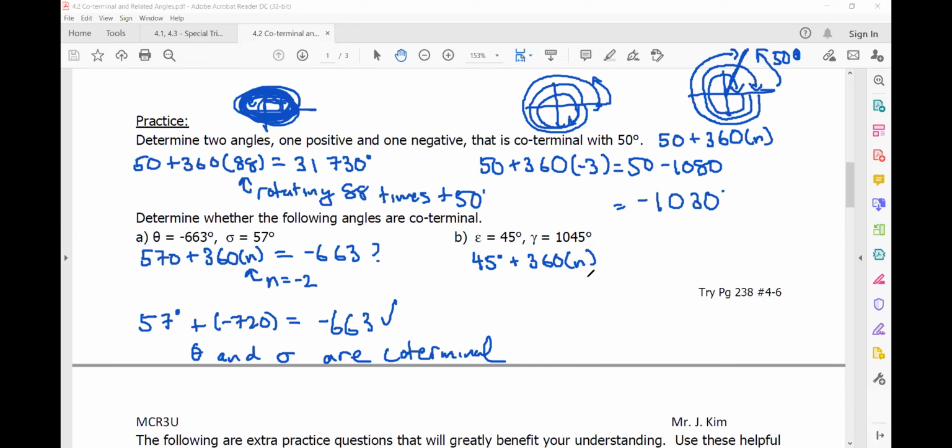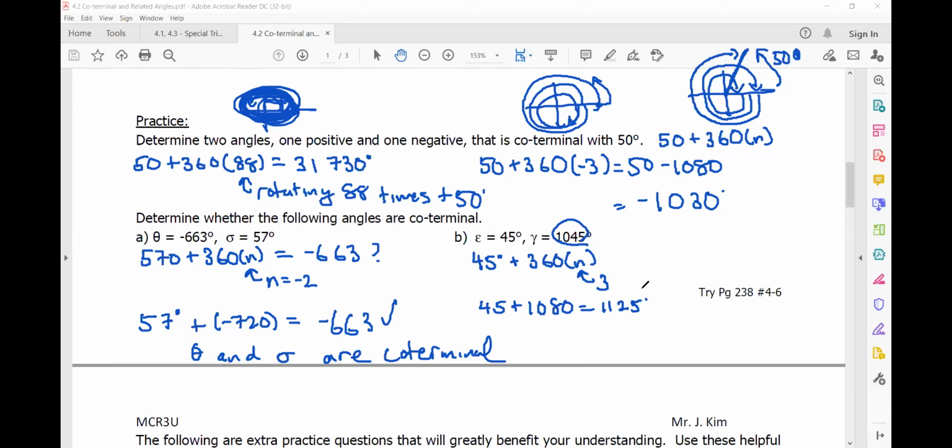Shall we try one more time? Because this is 1045, the closest I can get to 1045 is if the integer is a 3. So that's 45 plus 360 times 3, that's 1080, which is 1125 degrees. It's already a little too big. If I make n equal to 2, I don't think I'll reach 1045.